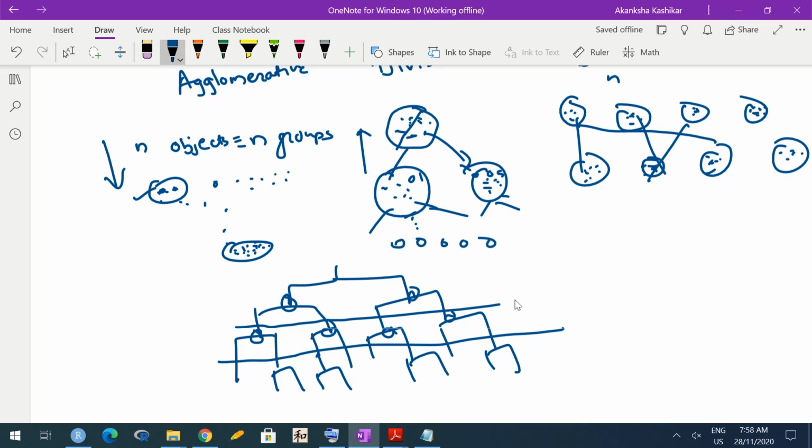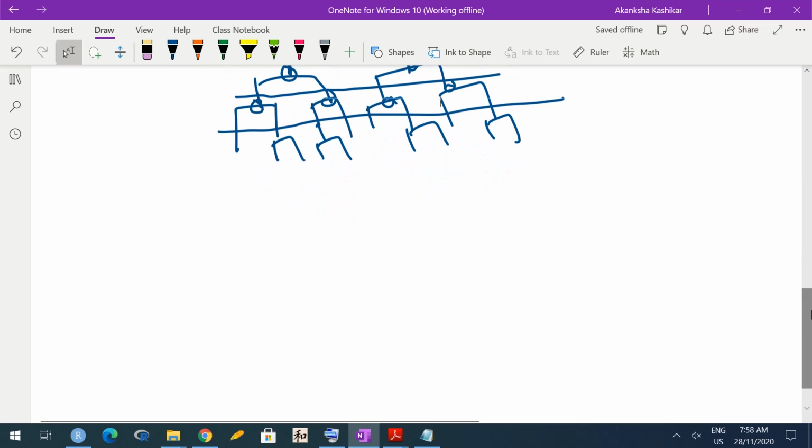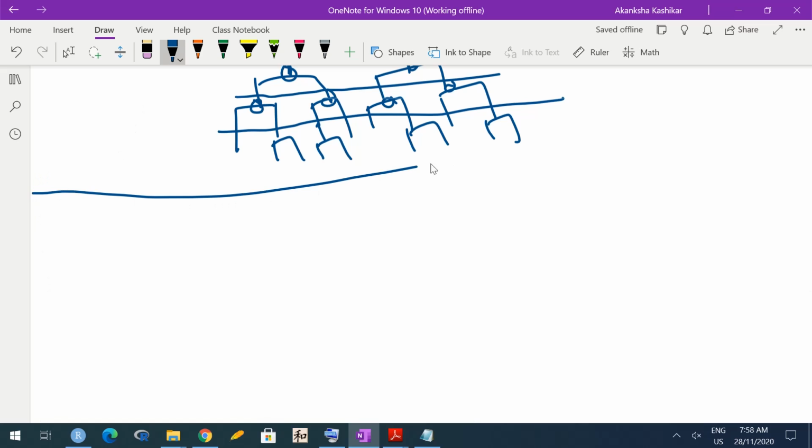Now I've been using terms like objects are close to each other, objects are similar to each other, objects are dissimilar to each other, and so on. But what do I mean by that? What do I mean by apple and orange are similar to each other or dissimilar to each other? So we need some way of quantifying this notion of similarity or dissimilarity.